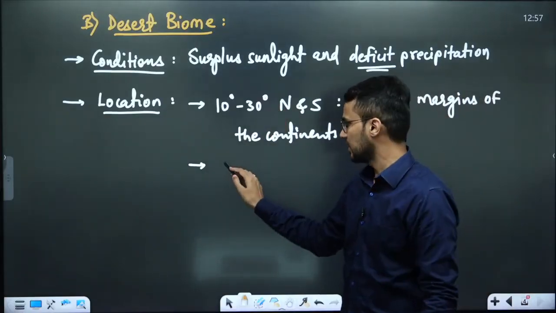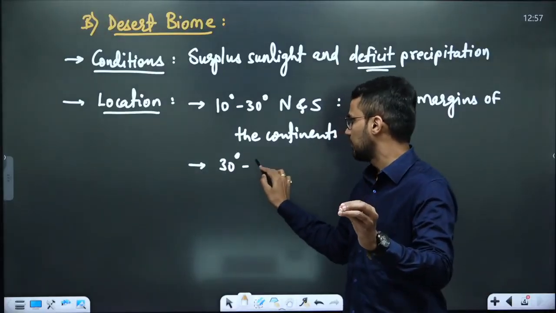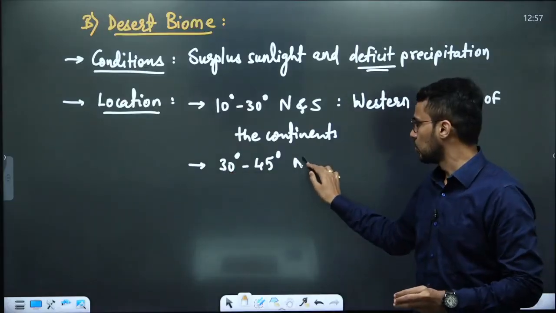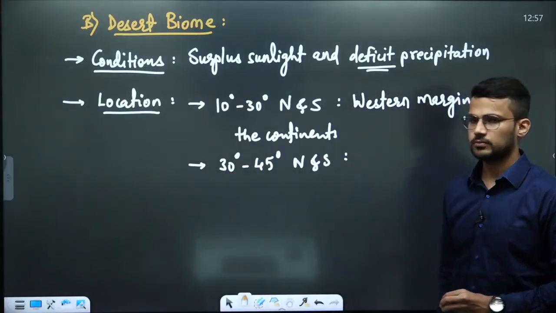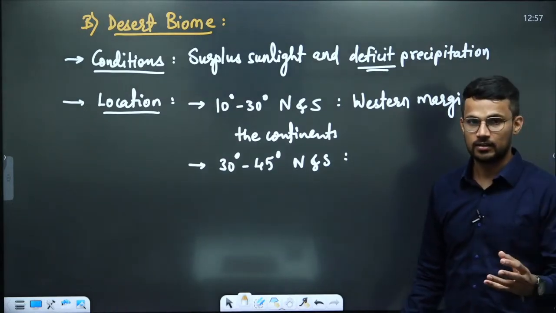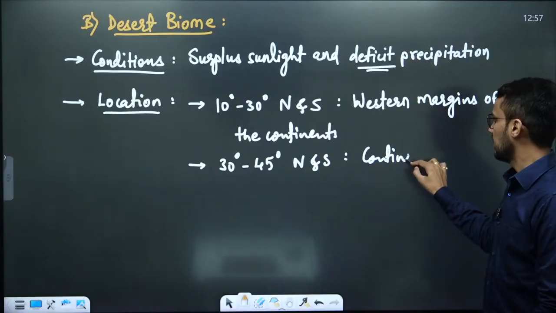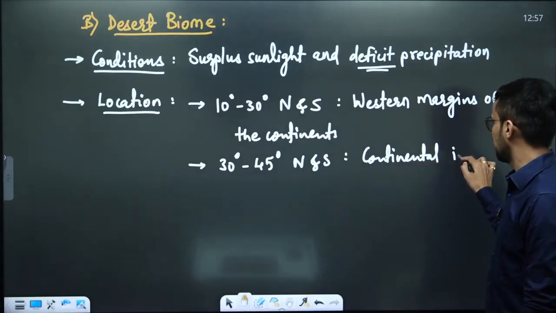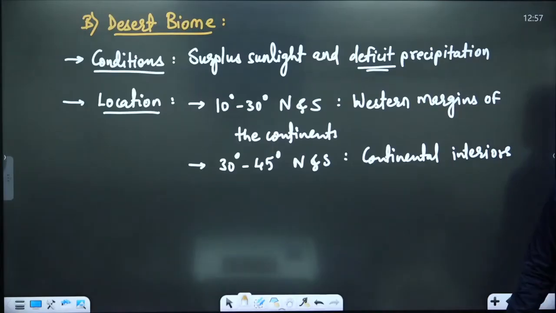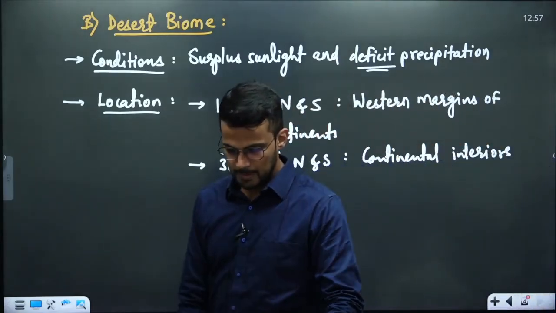नेक्स्ट, one more location is there for the presence of desert, and that is 30 to 45 degree north and south. Where? In the continental interiors. Examples. Patagonia.